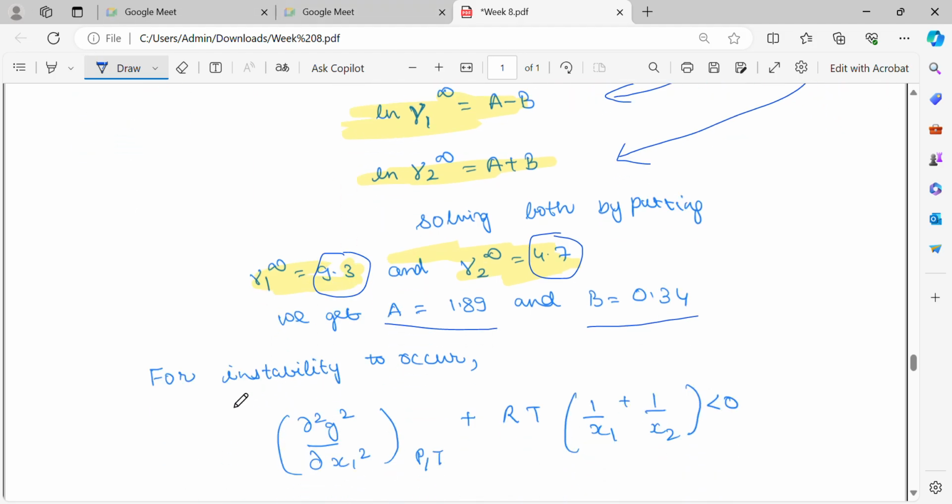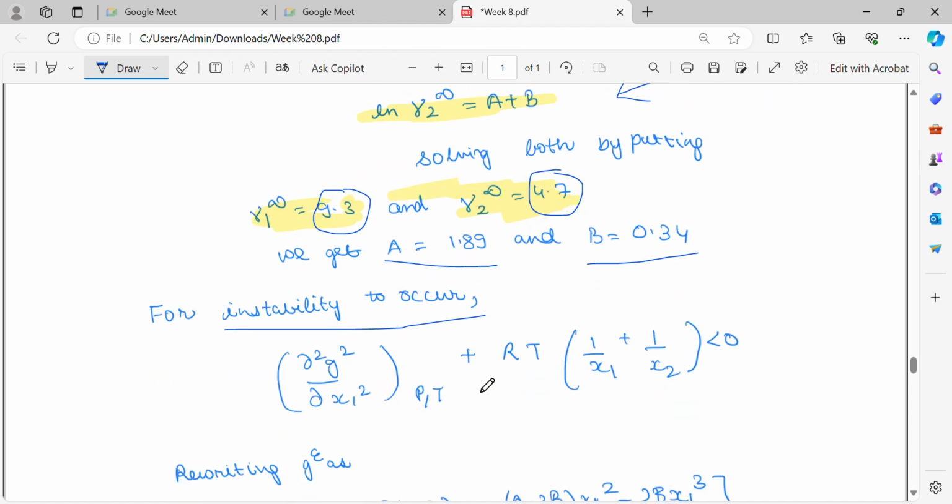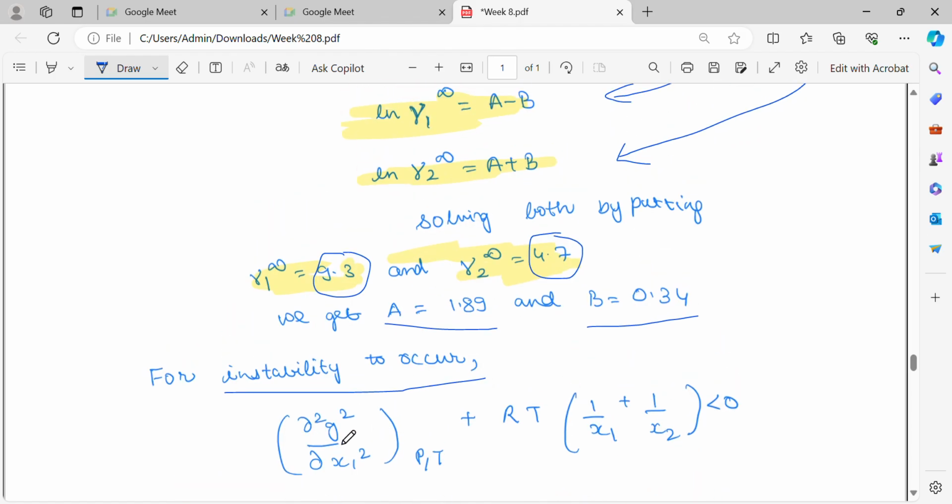For instability to occur, this is the formula: the second derivative of G with respect to x1 squared at constant P, T, and RT equals 1 by x1.